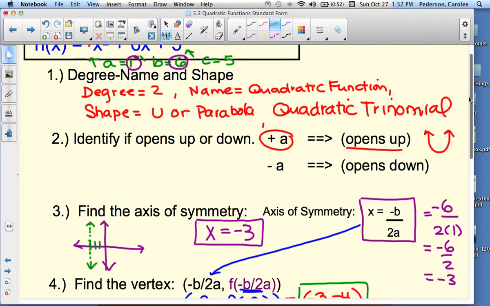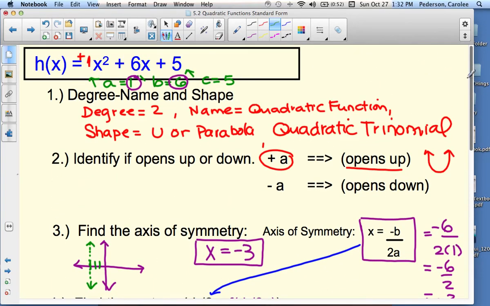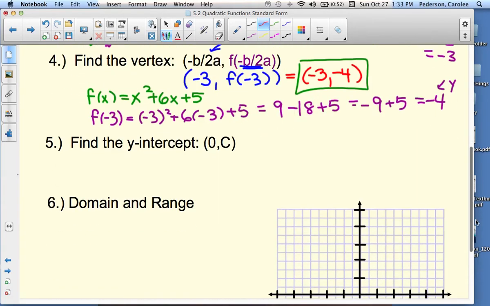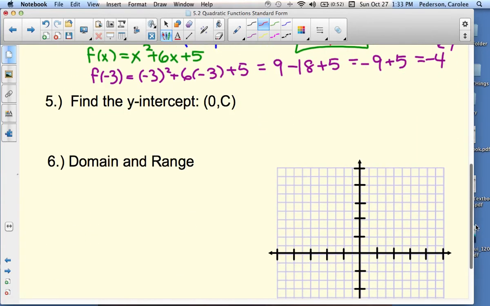The next thing is to find the y-intercept. Where does it cross on the y-axis? That is going to be the c. So here is my c. That is your y-intercept. So down here, our y-intercept is 0, c. So the answer is 0, 5.